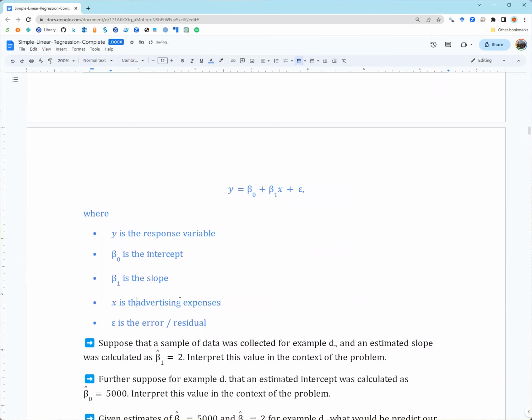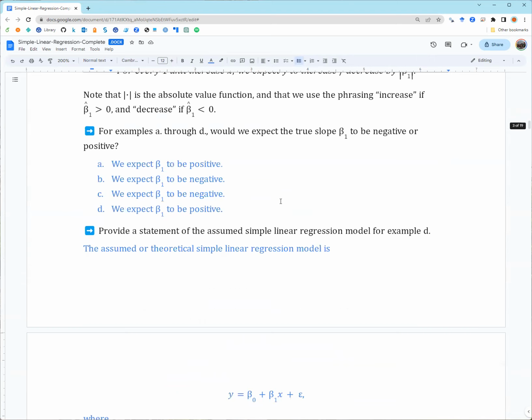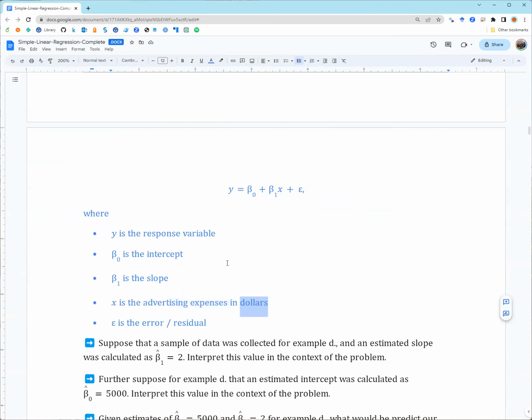So let's say X is the advertising expenses, and let's just say, for example, in dollars. And Y, it's important to give the units of measurement here for X and Y. In this problem, it didn't specify, so we're just going to assume dollars, and Y is the company sales in dollars.